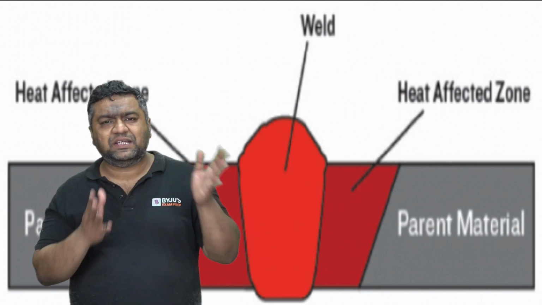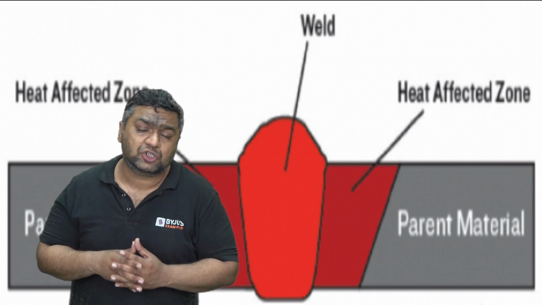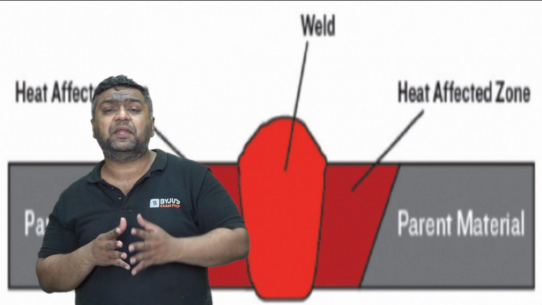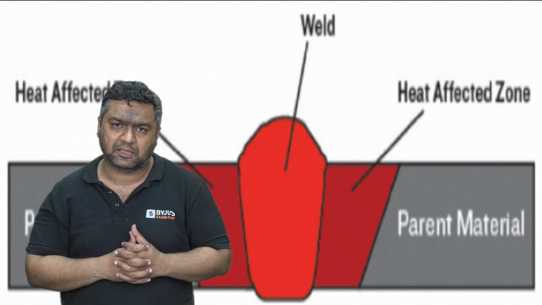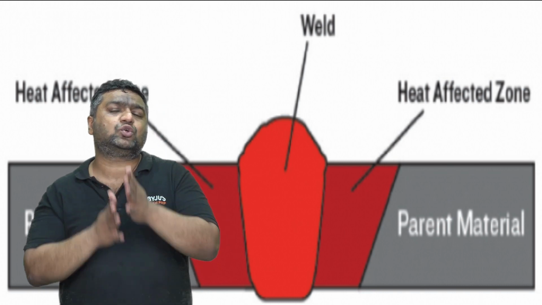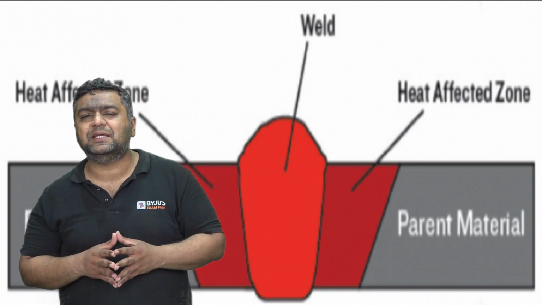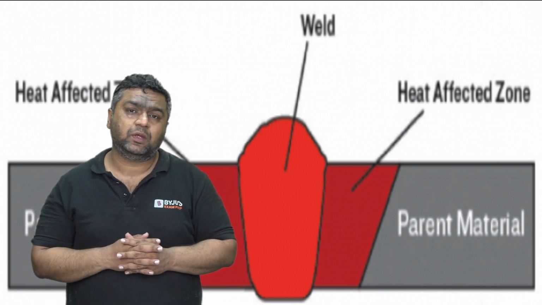Out of these three regions, the weld bead is the strongest, because the flux carries some alloy content for the parent metal, as the electrode wire and workpiece are made of the same material. Alloys are stronger than the metal, so the weld bead is the strongest part of the complete weld bead geometry.